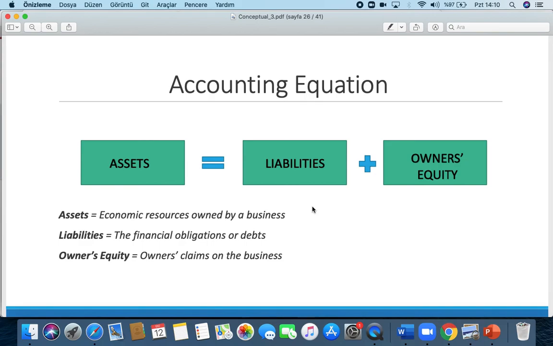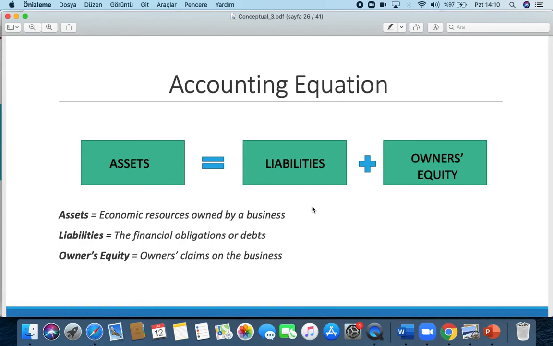So if you purchase something, you're going to have it, but you're going to pay something. So there is something coming inside, but there is something going outside as well. So this inside and outside concept is materialized in the accounting equation, okay?